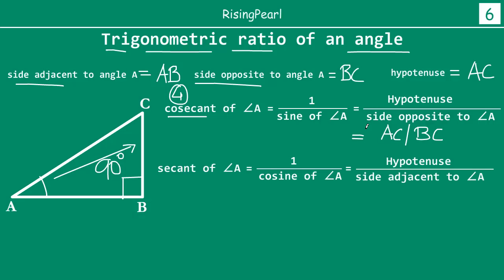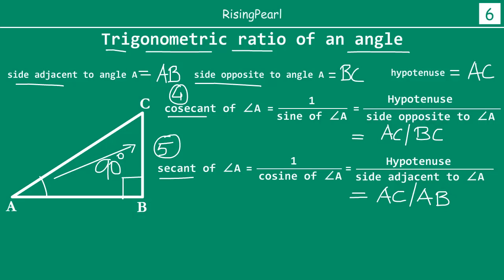Next, the fifth trigonometric ratio is secant of angle A. This is the reciprocal of cosine of angle A. So it is equal to hypotenuse divided by side adjacent to angle A, or we can write this as hypotenuse again as the numerator, AC, divided by the adjacent side, AB.